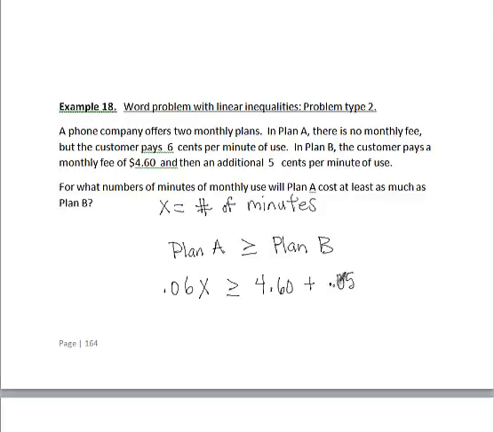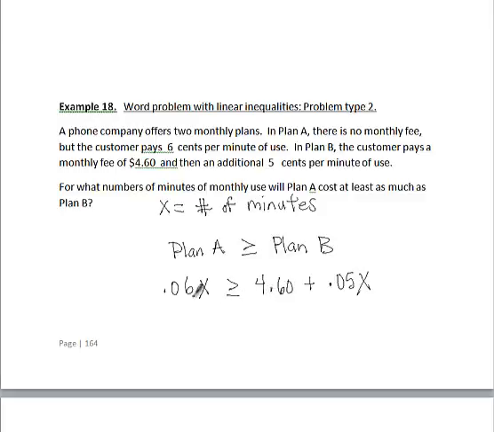And we're using 0.05 because the flat rate of Plan B is in dollar amount. We don't want to use 5 for cents, but then 4.60 for dollars. Okay, we want to convert the 5 cents to dollars, and that would be $0.05. Well, if we're being charged 5 cents per minute, then we would multiply the 0.05 times x in the cost of Plan B. So here's our inequality.